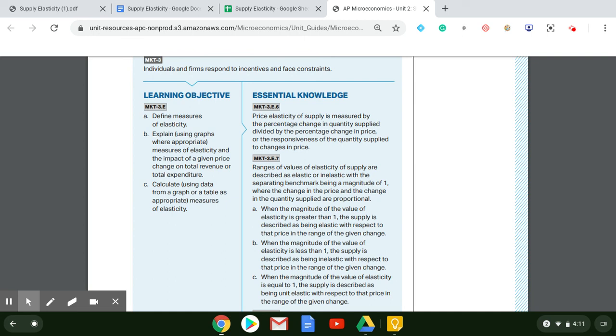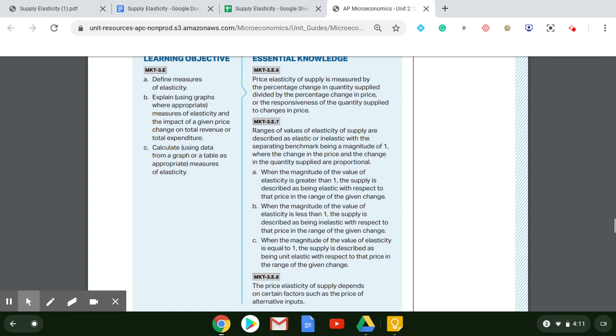elasticity of demand. Okay, we look at these essential knowledge points to hit here, talking about the calculation itself, which is very similar to the price elasticity of demand calculation. The range of values with elasticity, again, very similar to price elasticity of demand.